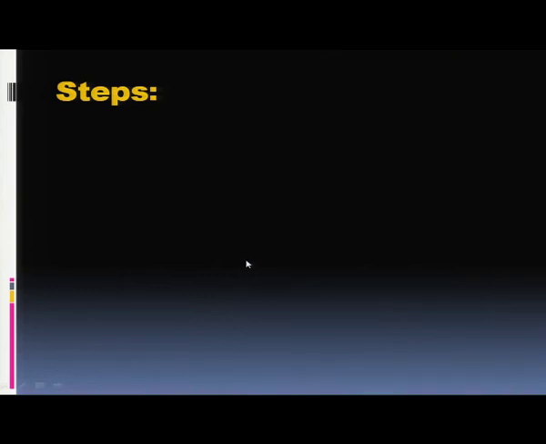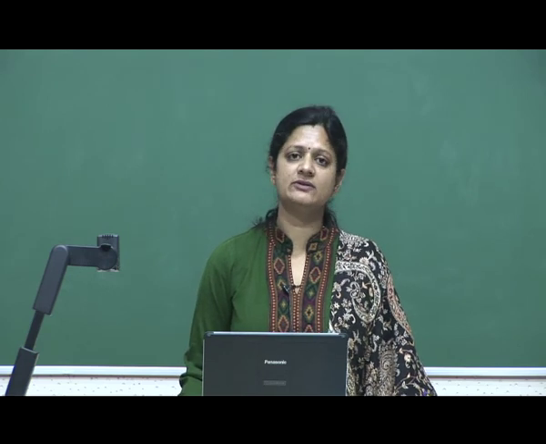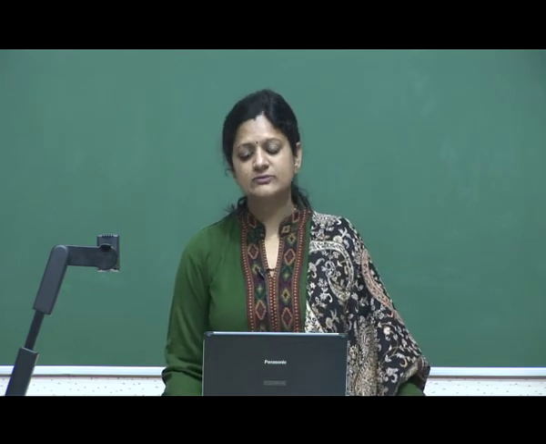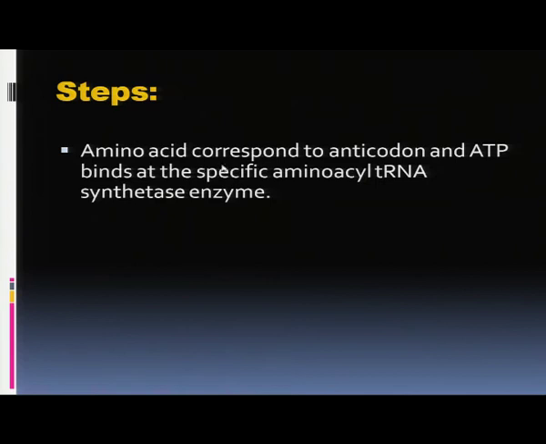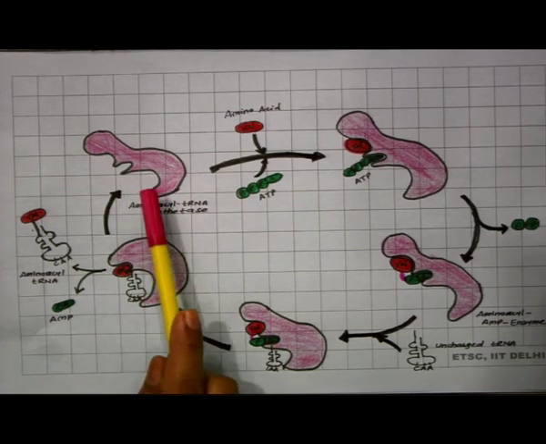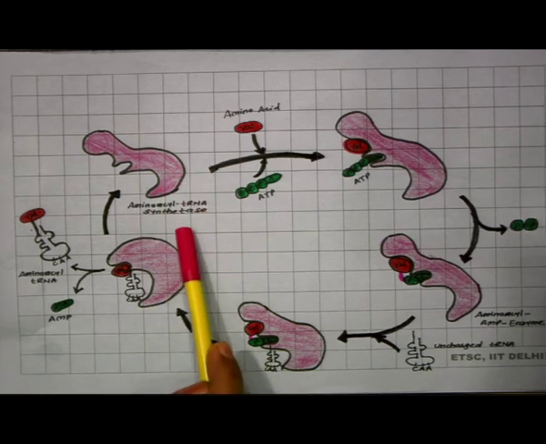Now, let us know the steps of how the charging is done in the cell, how the amino acid is added to the transfer RNA. The first step is that the amino acid corresponding to the anticodon and ATP bind at the specific amino acid transfer RNA synthetase enzyme. You can see in this diagram, this one is an enzyme which helps in the charging of transfer RNA, and this enzyme is called amino acid transfer RNA synthetase.